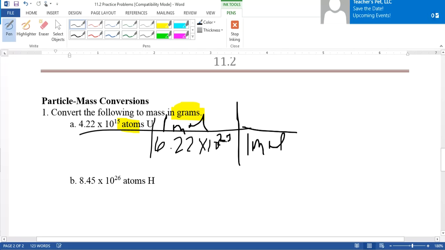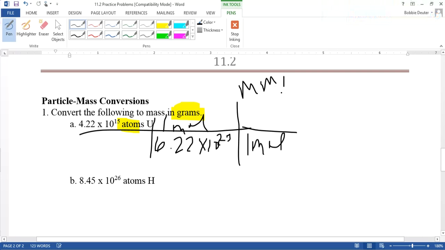Then we look at our periodic table and find the molar mass, because that's what this really is. This is the molar mass again that we just got done doing. We find out that uranium is 238. So 238 grams, that's the average atomic mass. Multiply the top, again using parentheses or your calculator doesn't work.